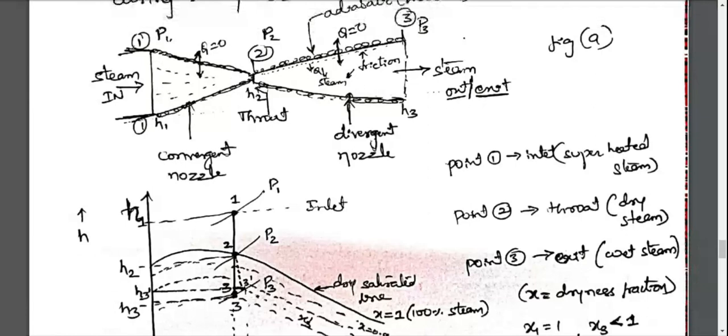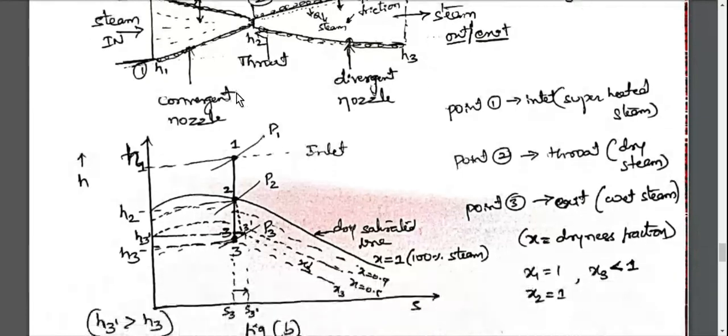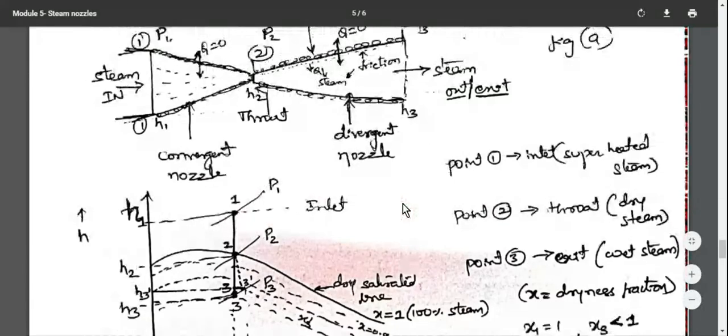Ideal expansion process is nothing but isentropic process. In an isentropic process, entropy remains constant, so we represent it by a vertical line in the HS diagram. That is the reason 1 to 2 is exactly a straight vertical line. So entropy is constant, S1 is equal to S2 here. But when the steam touches point number 2, it will become dry steam.